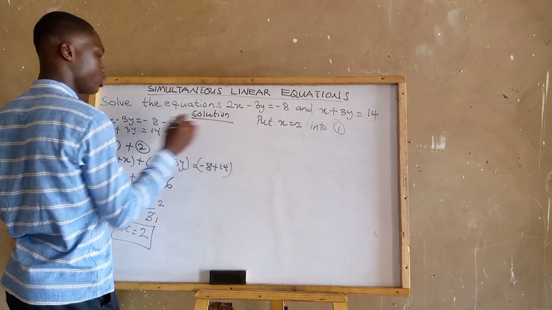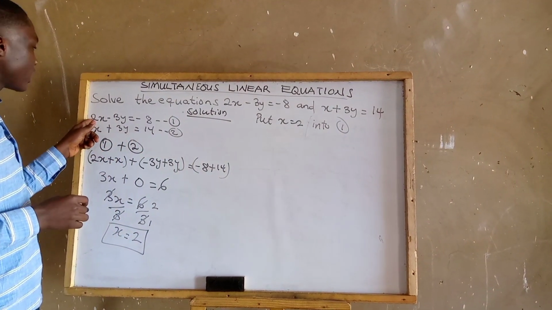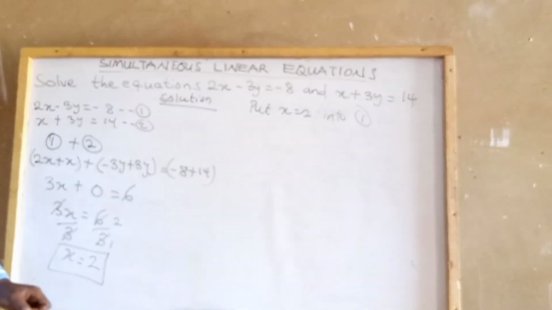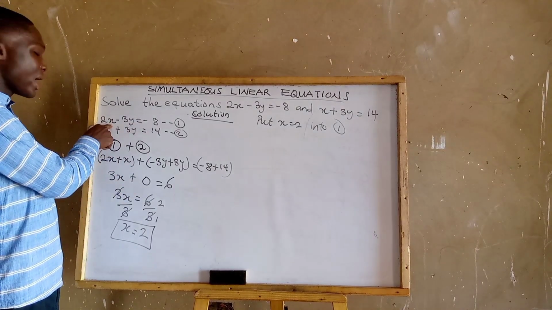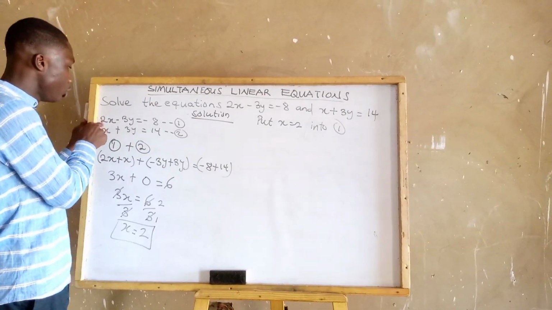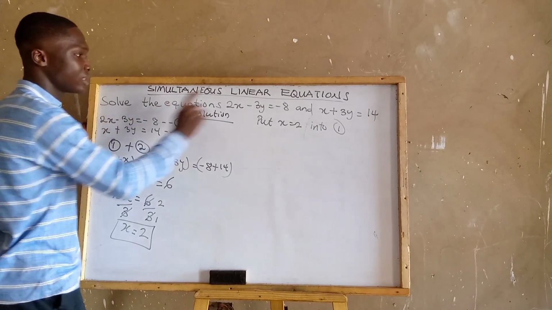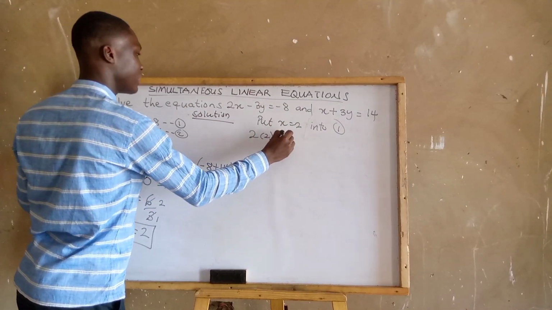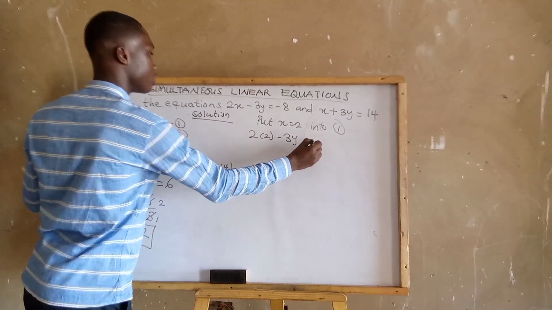So it means that from equation 1, wherever we find x, we write 2. So here you have 2 multiplying x, so it will be 2 multiplying 2 because x is 2. So 2 times 2 minus 3y is equal to minus 8.